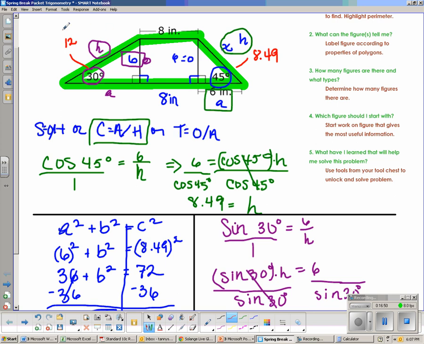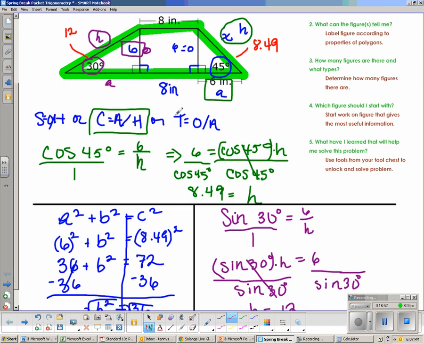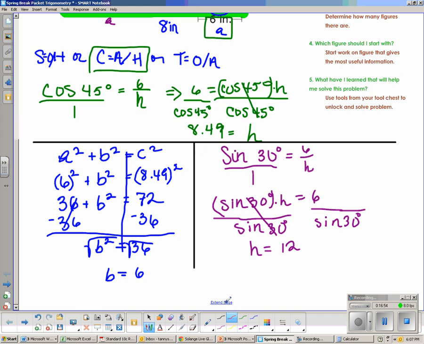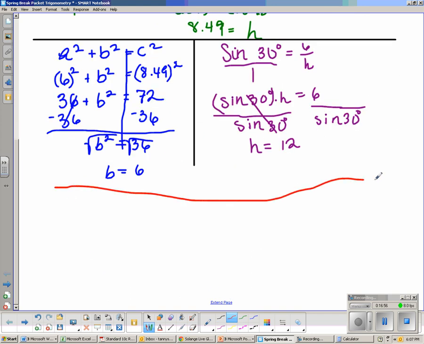We have 12 as the hypotenuse and 6 as one of the legs. So let me go ahead and move this down so we can get that done. I'm going to draw it in this time. Okay, so we have a squared plus b squared equals c squared. And c again was 12. The tricky part is making sure you get c where it needs to go. 6 can be a or b.